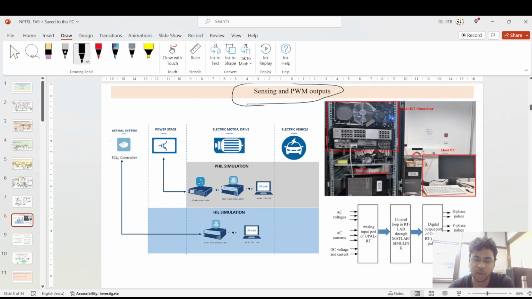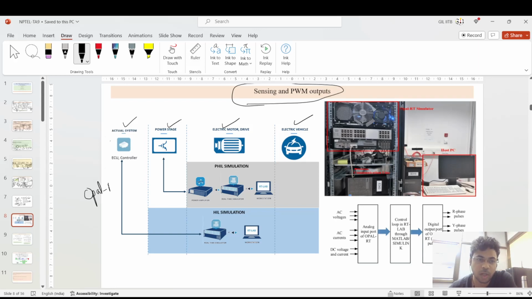Let me explain further with this sensing and the PWM outputs. That is very important if you want to go into the research field, how we simulate things in real-time digital simulators. In the left side figure, we have certain stages: the actual system, power stages, electrical motor and drive, and the EV stage.